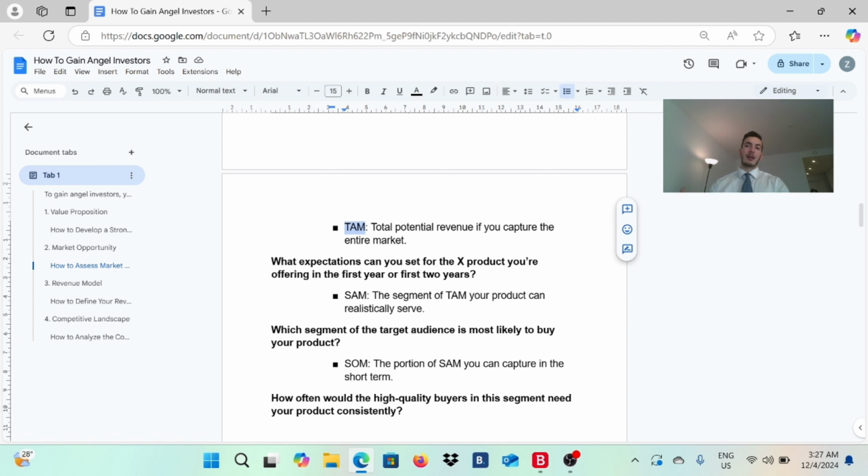Which segment would buy the product directly, and which segment would like to see more, to have more education on this product before they take any further action? You need to understand the best segment for buying your product, and how often they would buy your product.